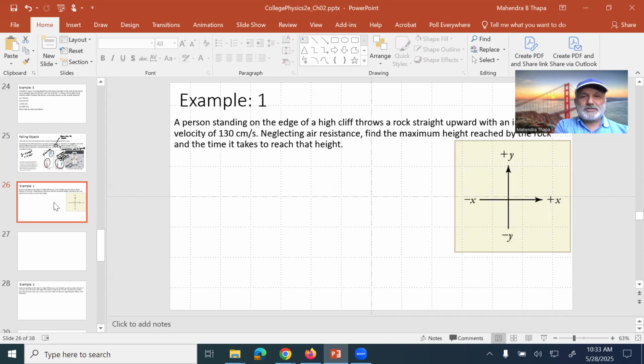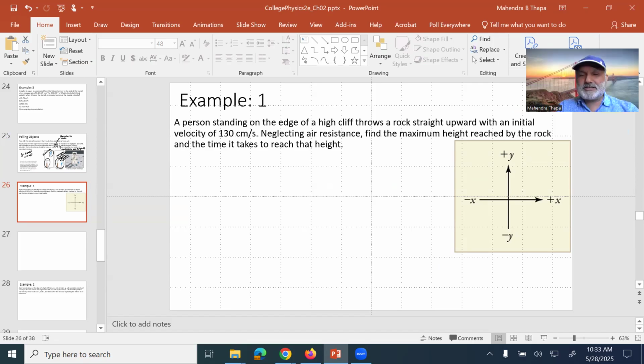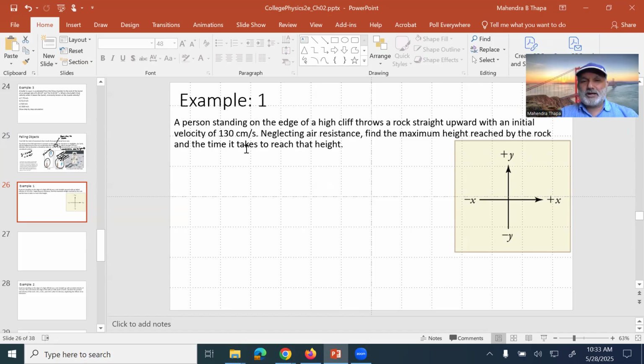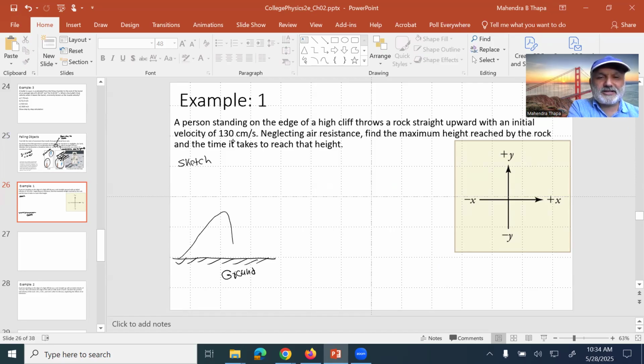Say a person stands on the edge of a high cliff and throws a rock straight upward with an initial velocity of 130 centimeters per second. Okay, so let's make a sketch over here. Say this is my ground level, and this is a cliff, for example.